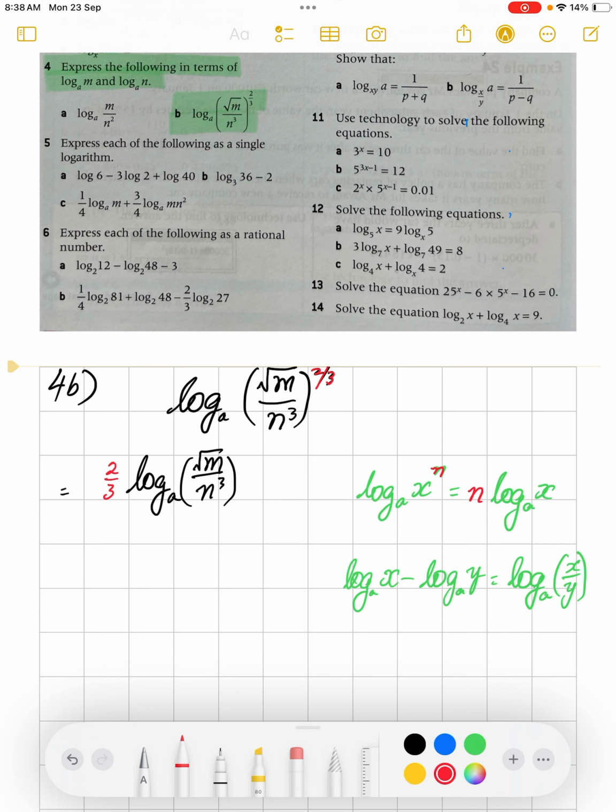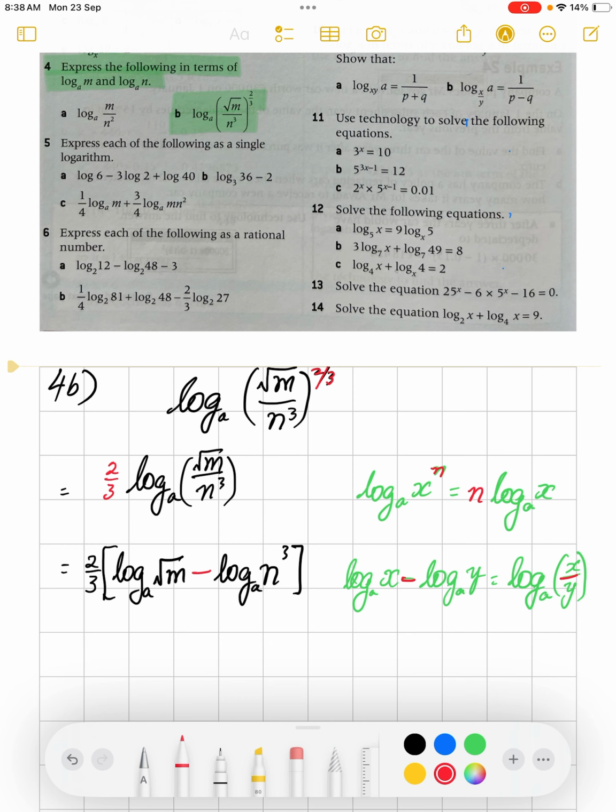I'll just leave that 2/3 in front, and because this is going to be a subtraction, we're going to have the log of the numerator to base a, minus the log of the denominator to base a. And notice, the log of a fraction is the log of the numerator minus the log of the denominator. So be careful with that.